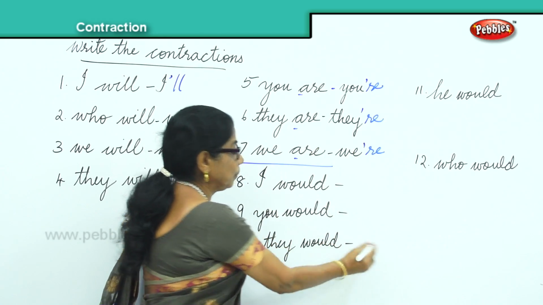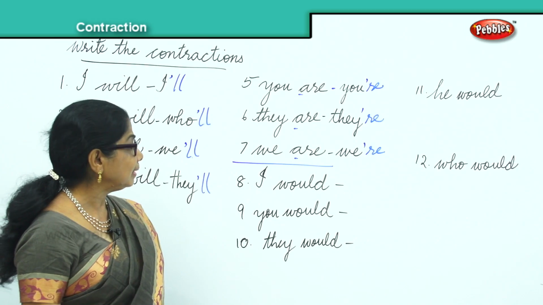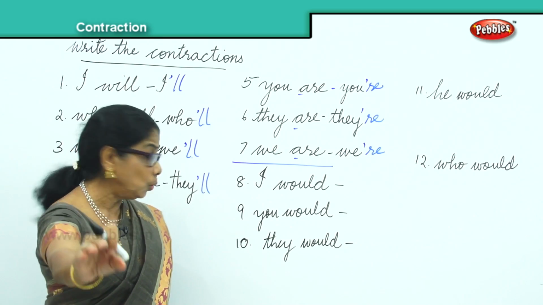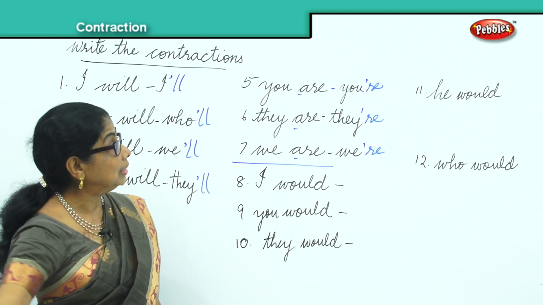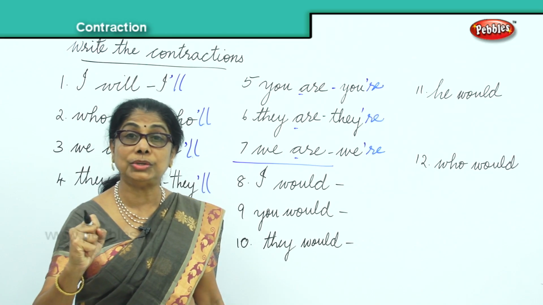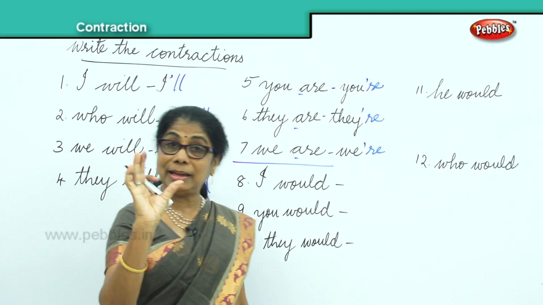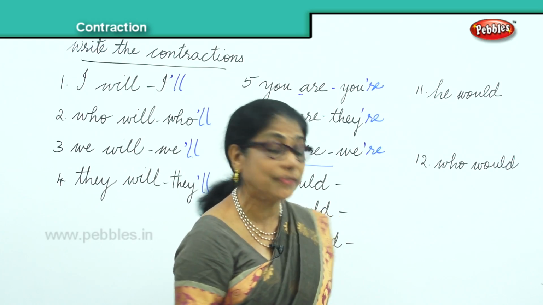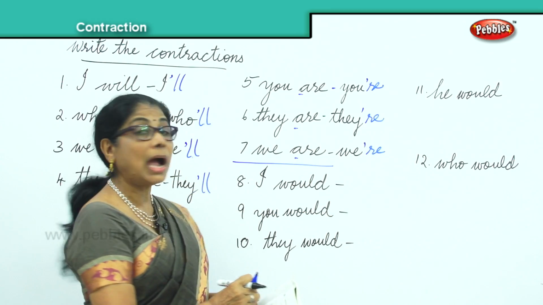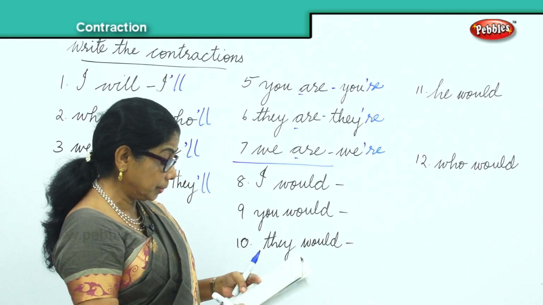Now next we have here I would, you would, they would, he would, who would. How will you make contractions for these phrases? The first one is I would.